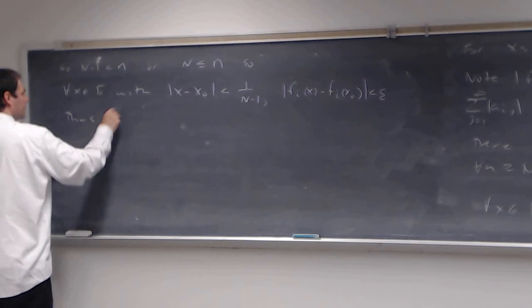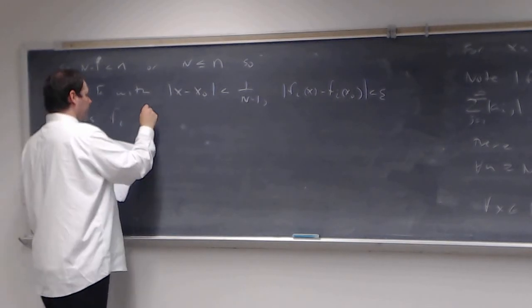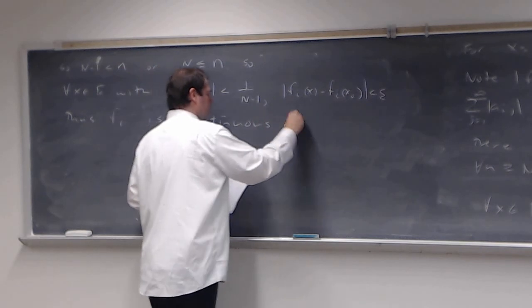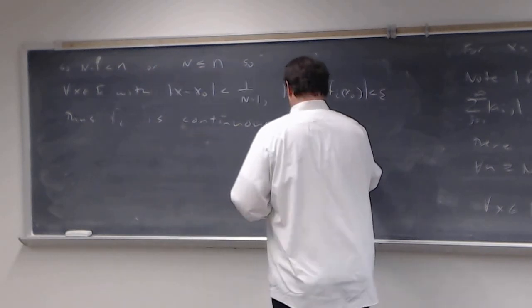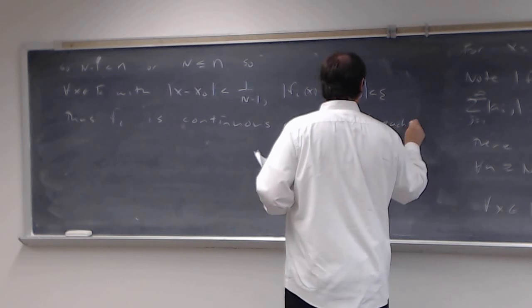Thus, that shows that f sub i is continuous at x naught, and that's for each i.